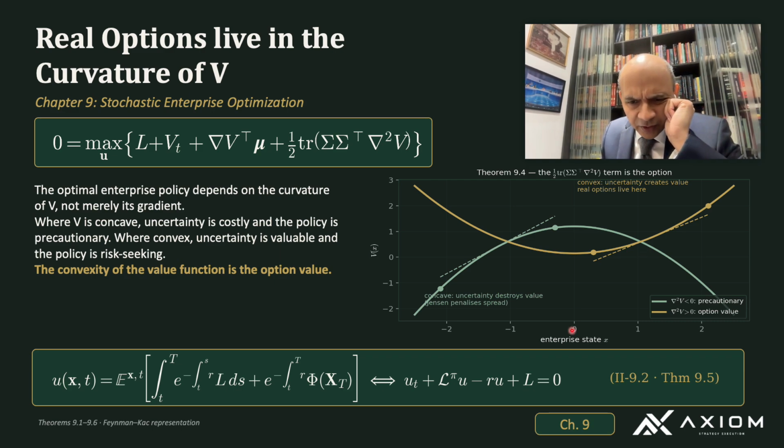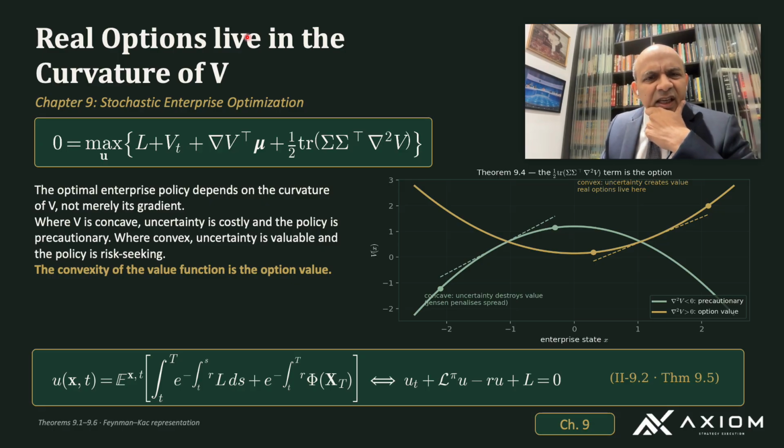Here you can see the enterprise state, and the convex uncertainty creating value, real options over here. The concave uncertainty destroying value penalizes the spread. And then the uncertainty creates value, real options over here.